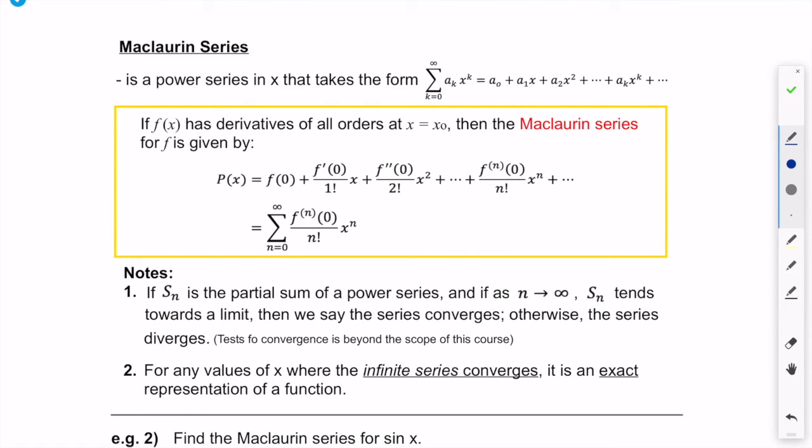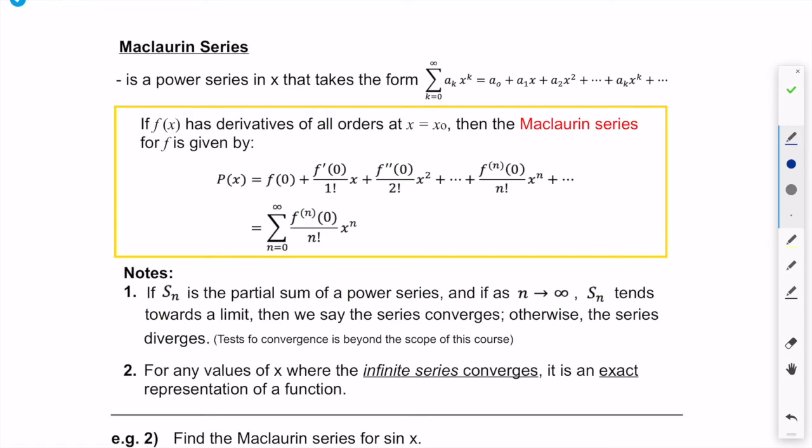So again, the nth derivative, n factorial, matches with the degree n of the term. The only difference really here is that instead of stopping at the nth degree term, we're going to continue to infinitely many terms. And if you notice at the top of the sigma notation, we are replacing n with the infinity symbol.